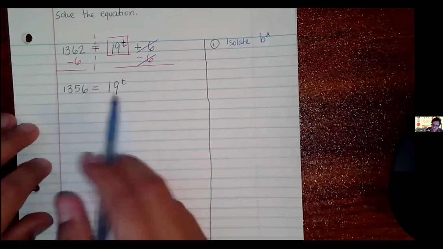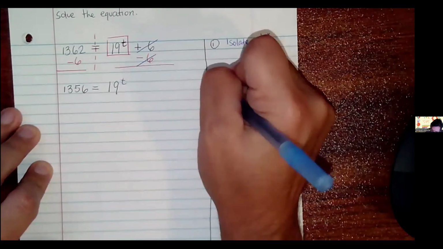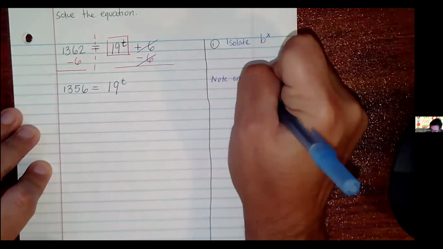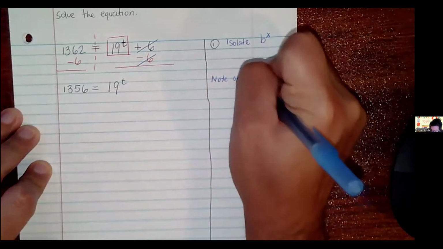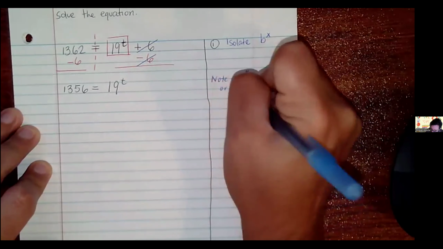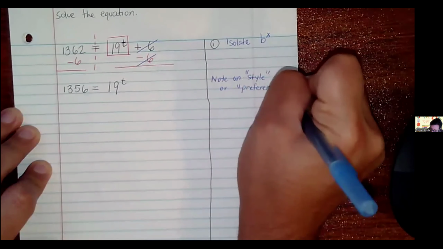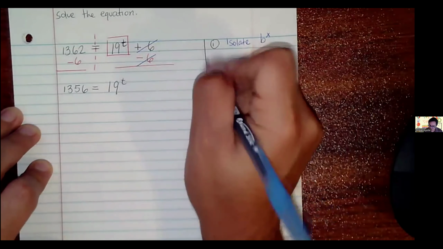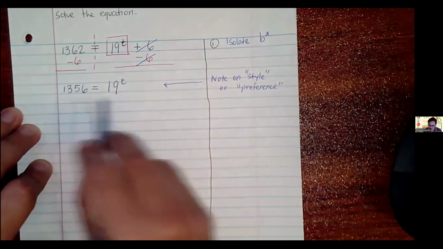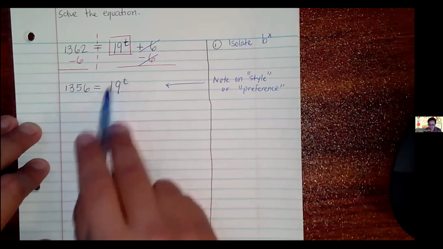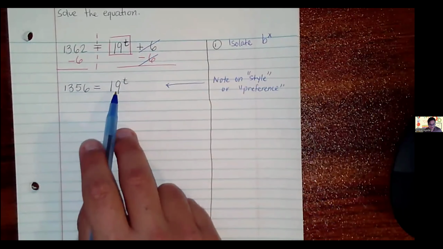So now this is just a note on style or personal preference. If we look at this equation, we have the b to the x power part, the exponential part, on the right-hand side.